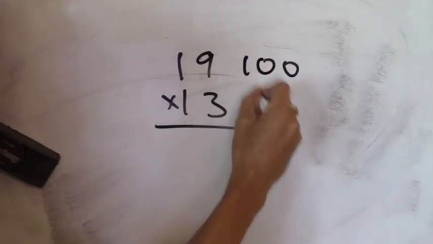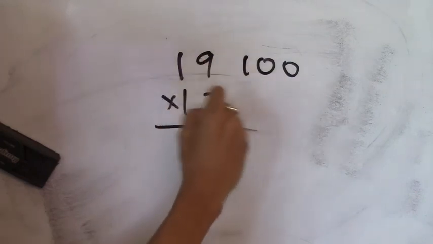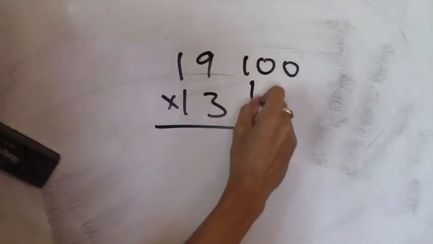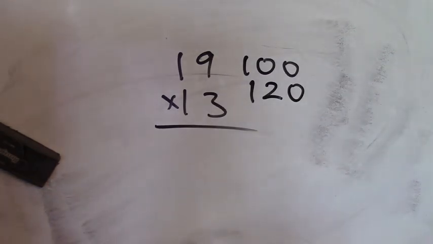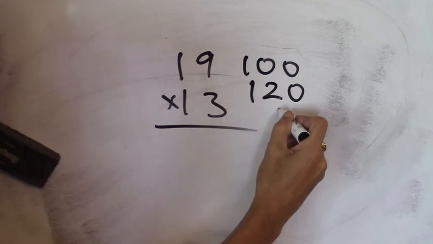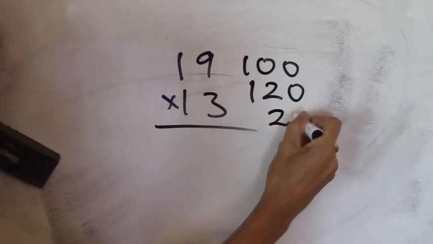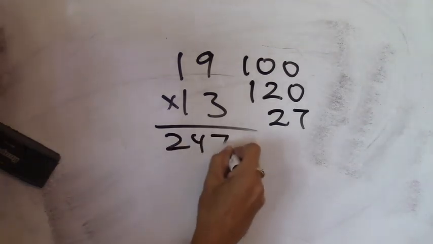What's 90 and 30? 120. And then what's 3 times 9? 27. Yeah. All right. Done. 1 and 1, 2 and 2. 247. There you go. 2, 4, 7.